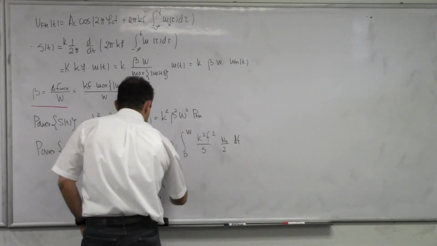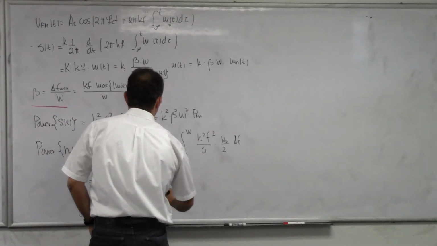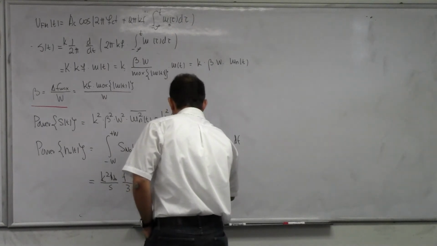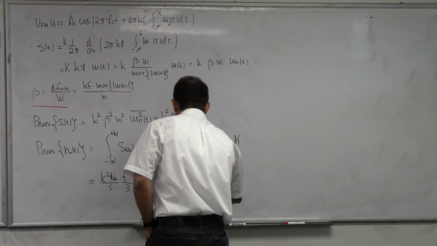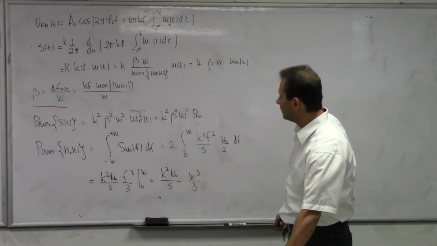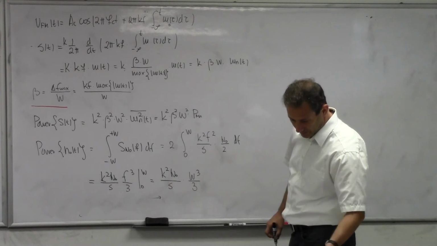So I get an interesting result: K squared N0 over S times W cubed over 3. So that's the power of the noise at the output. Make sure I didn't forget something.